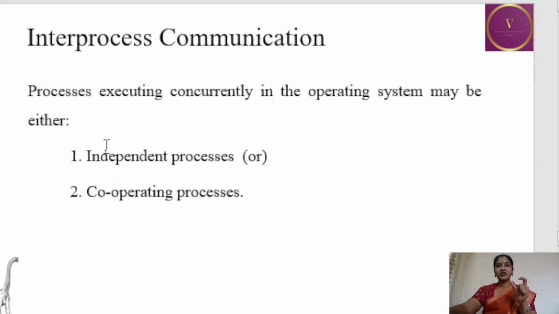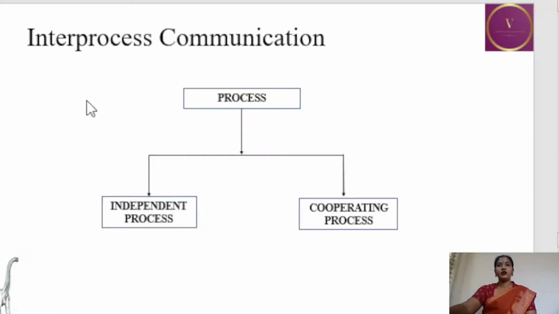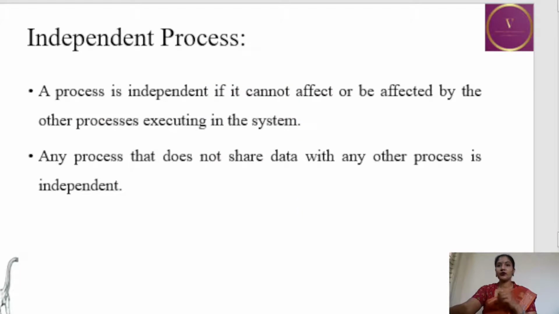These processes can be of two types, either independent processes or cooperating processes. Now let's see what is an independent process and what is a cooperating process.